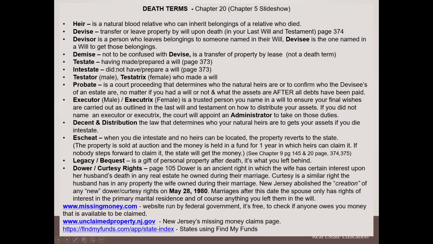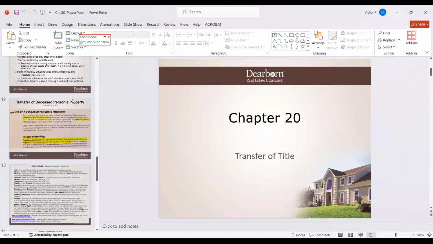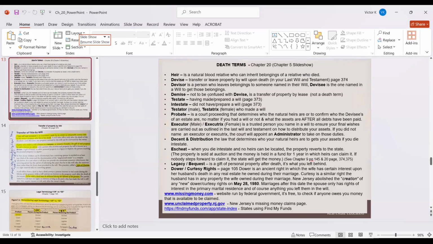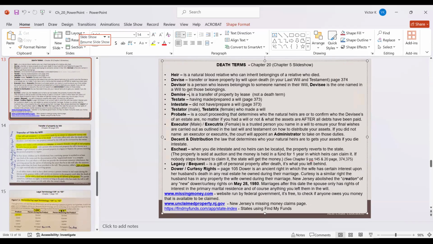I should reword that a little bit. It's kind of written wonky. I'll do this: it is a transfer of property by lease, not a death term, comma, not to be confused with devise.